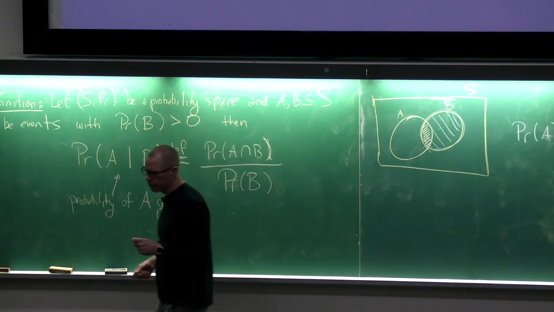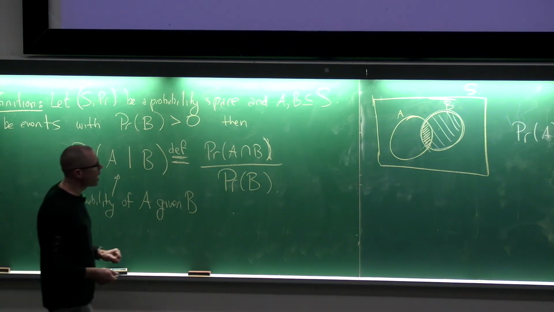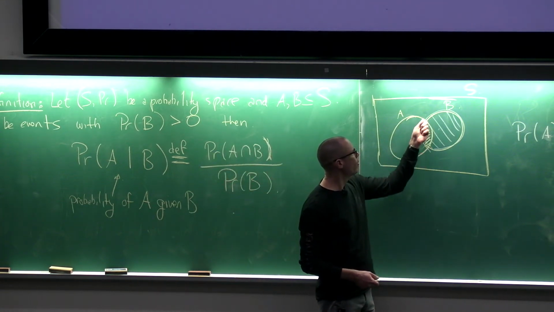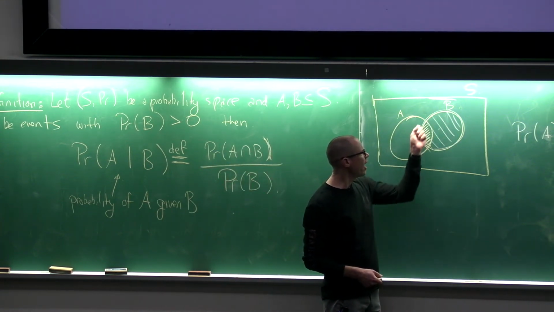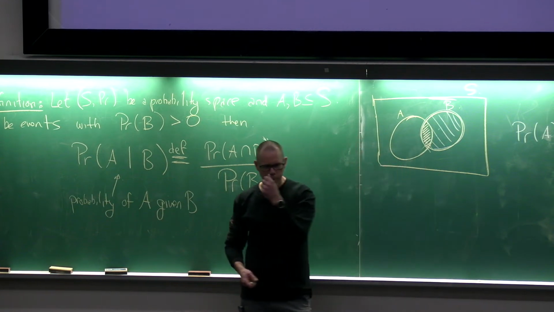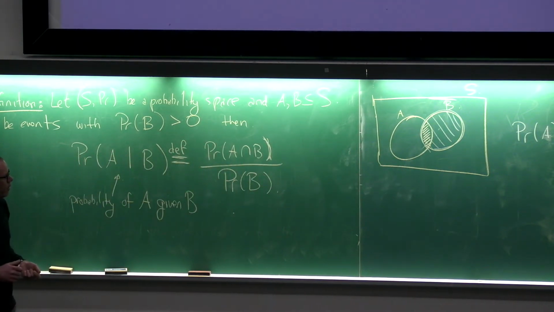That's the probability of A given B. And so this definition makes total sense because you interpret A intersect B as the fraction of B that A happens to have in common. How much of B is A taking up? All right? And that's just the definition.